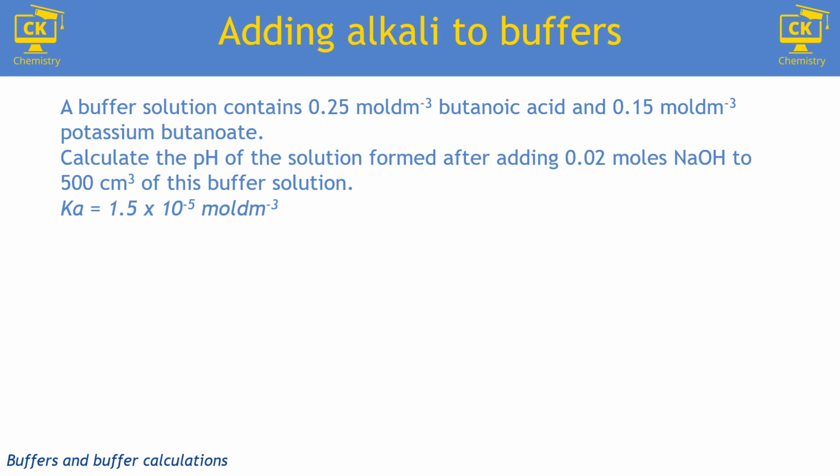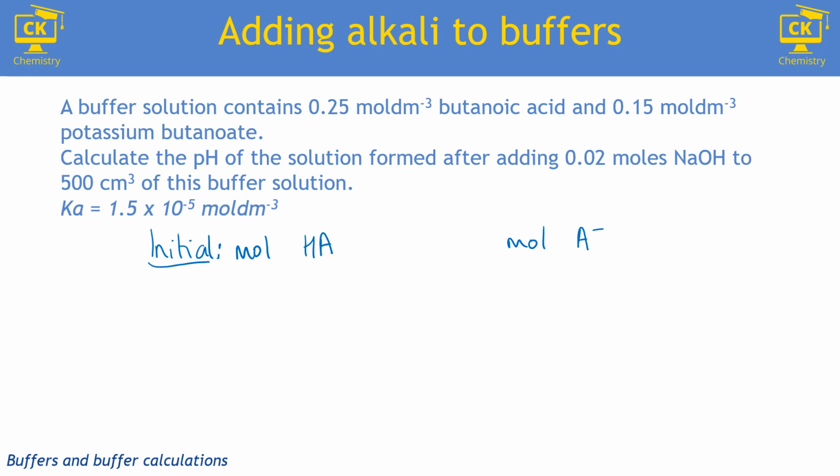Last example would be adding alkali to a buffer solution, and most of it is really similar. We're still going to use the Ka, so we're going to find our initial moles of HA and of A-. Straight in we can do that.